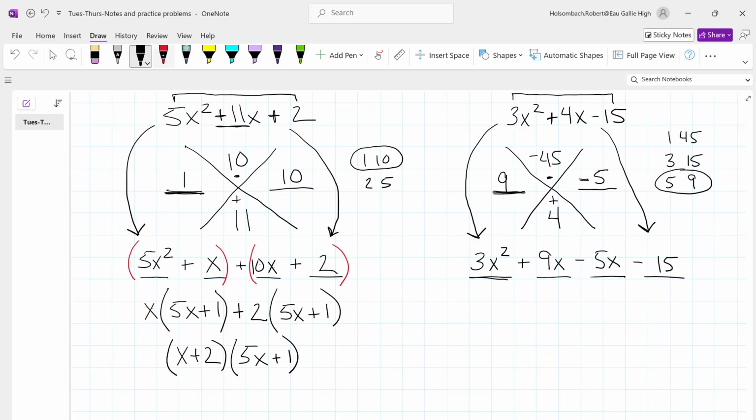All right, we take those 4 terms, we split them into 2 binomials, and then we factor those binomials using the greatest common factor. So the greatest common factor in 3x squared and 9x is 3x. We divide the GCF into each term. So 3x into 3x squared goes x times, and 3x into 9x goes 3 times.